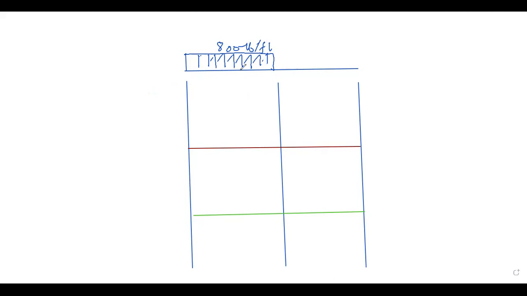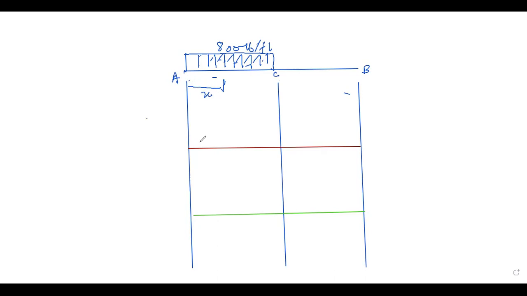Okay, we have a load of 800 pound per foot, and here we have support A, here support B, here point C, and now this distance X is unknown. This is the figure.